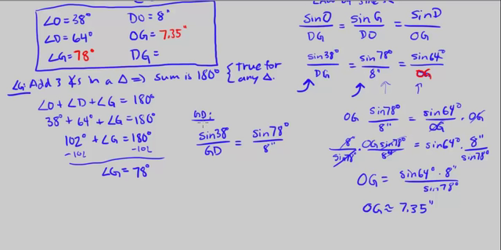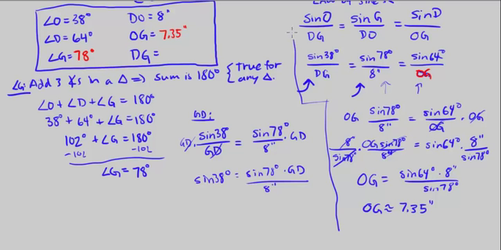Okay, so to solve for this, remember I want to multiply both sides by GD. That cancels this out. Sine of 38 degrees equals sine of 78 degrees times GD divided by 8 inches. Now I want to get GD alone, so let me draw a line here so I don't get confused.